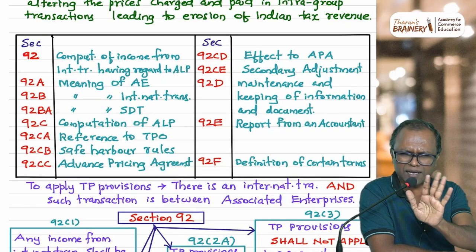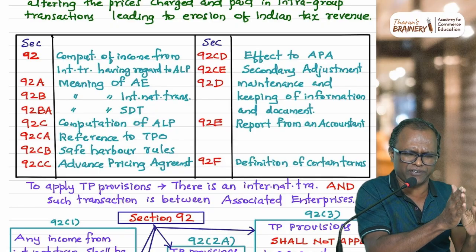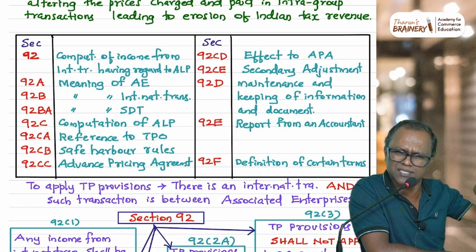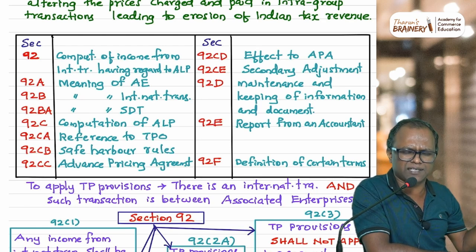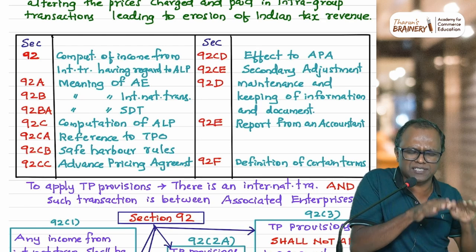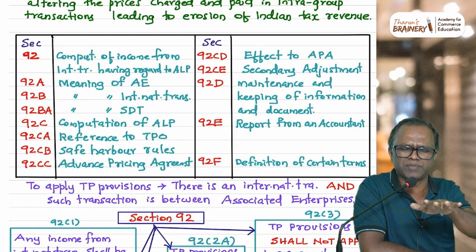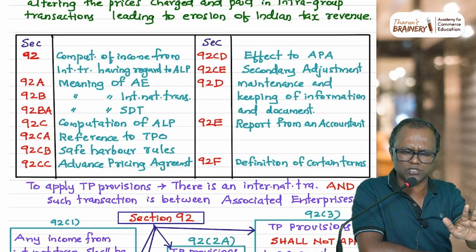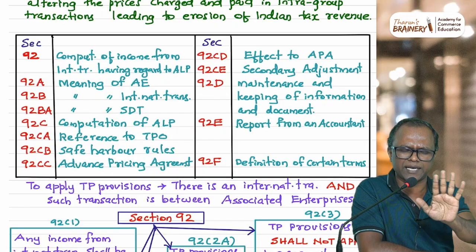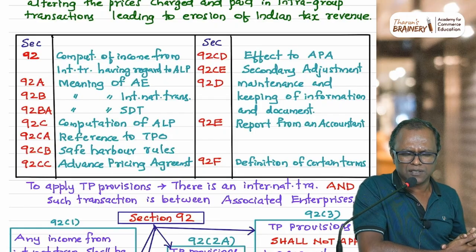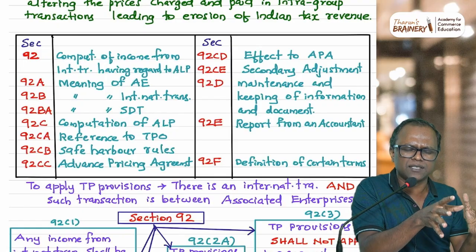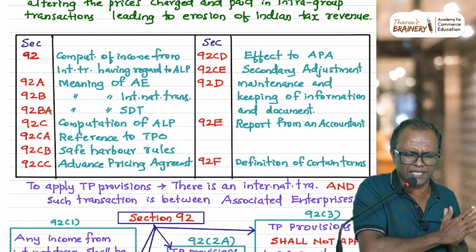It's purely assessee specific, and not every person can make an advance pricing agreement, because there is a pre-filing consultation. In that pre-filing consultation, if the department feels that your type of business is not suitable for an advance pricing agreement, or that it is not possible, then they can drop that. In that case, an advance pricing agreement is not possible, because it's purely negotiation, and only when both are agreed and come to a conclusion can they make the advance pricing agreement.